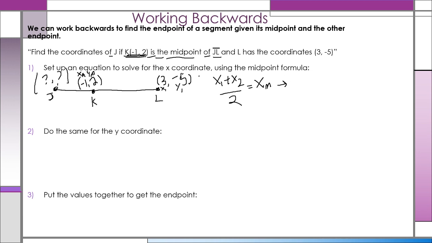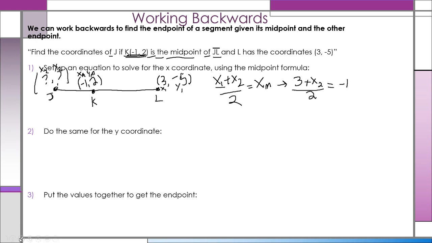So when I go to set this up, I'd say, okay, x1, which is 3, plus x2, which I don't know, that's actually over here for J. So this is going to be my x2 and my y2 over here, over 2, is equal to my middle x, which is -1.